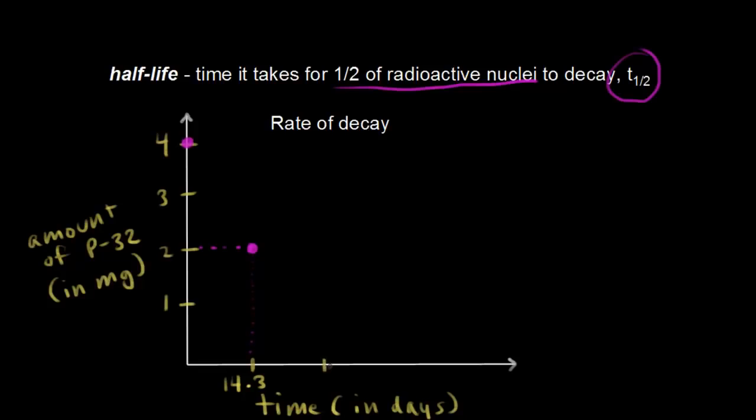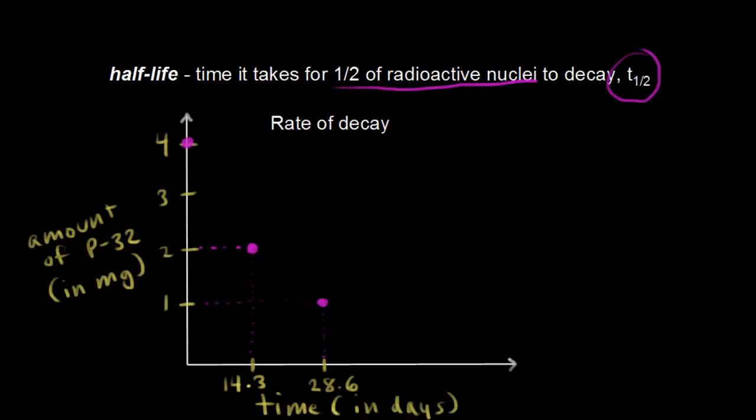So after 2 half-lives, that should be 28.6 days. So what's half of 2? It's 1, of course. So that's our next point. So after 28.6 days, we should have 1 milligram of our sample.